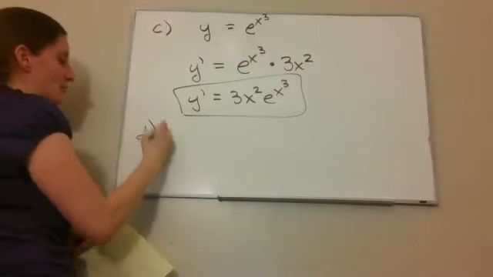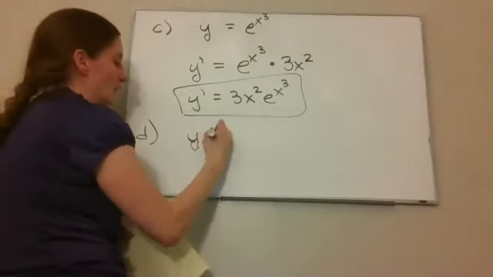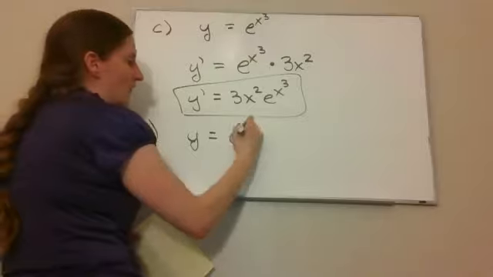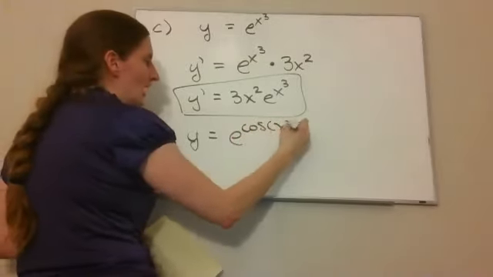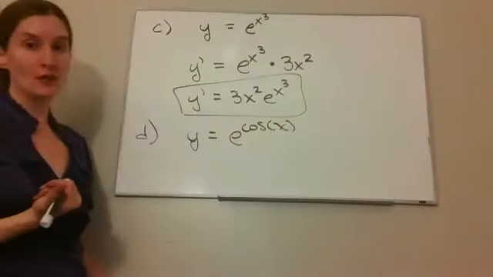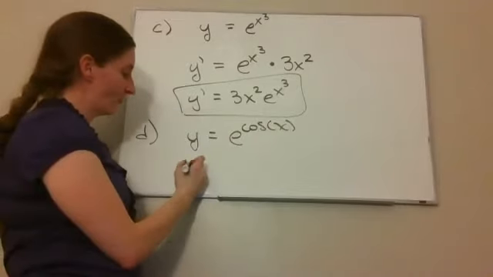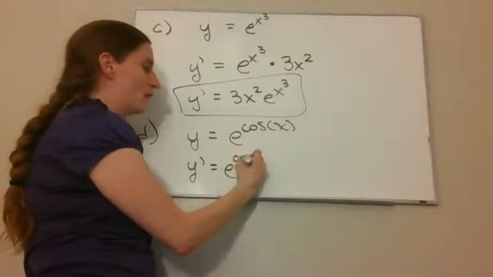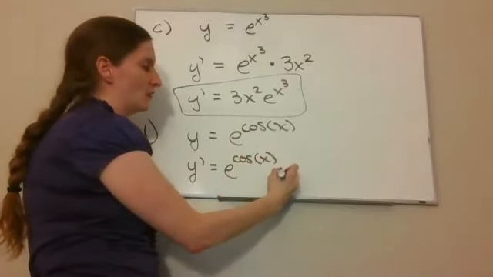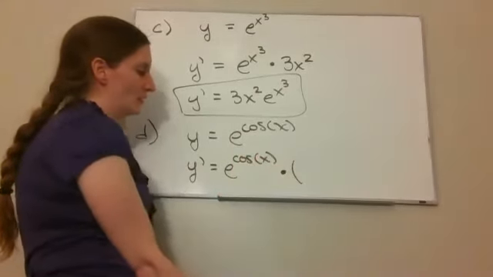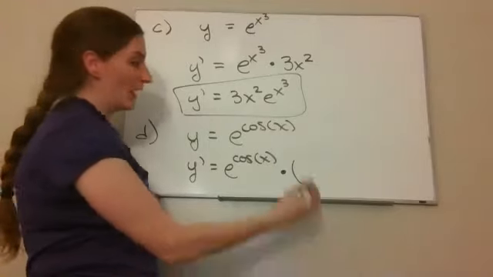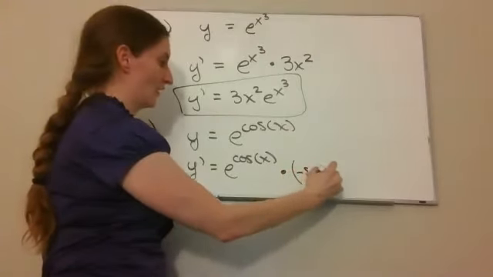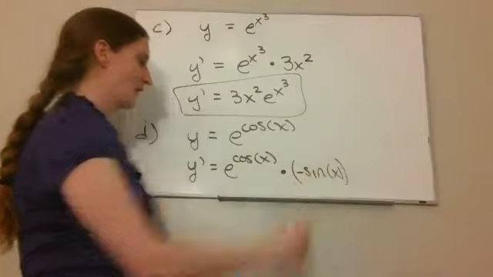One last one, just for extra practice. y equals e to the cosine of x. Another chain rule. Derivative of an exponential using a chain rule is itself times the derivative of its exponent. Derivative of cosine x is negative sine of x.